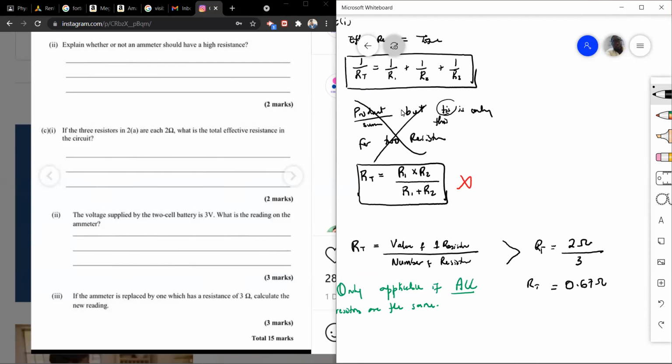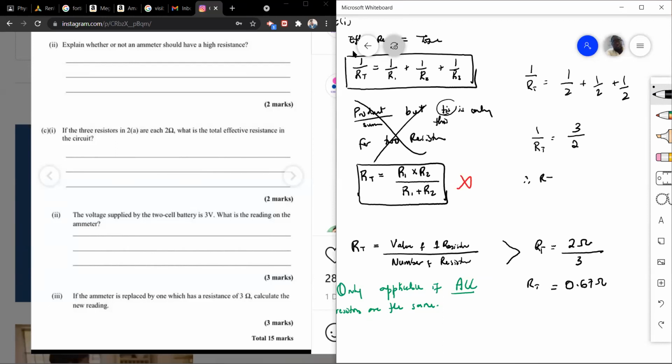Let's plug it into the first formula to make sure that it's right. 1 upon RT is equal to 1 upon 2 plus 1 upon 2 plus 1 upon 2. A half plus a half is a whole, plus another half is 3 upon 2. So 1 upon RT is equal to 3 upon 2, and you find the reciprocal.